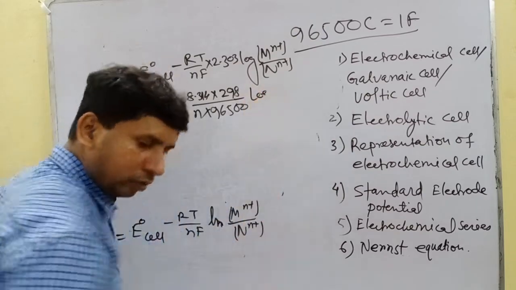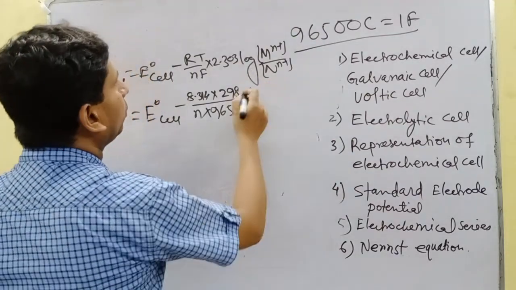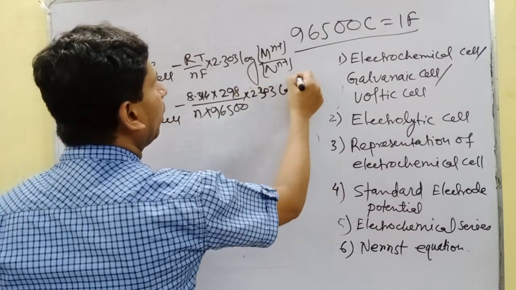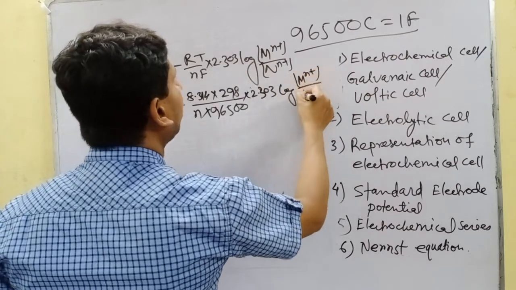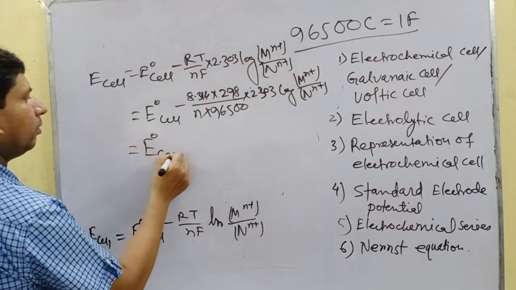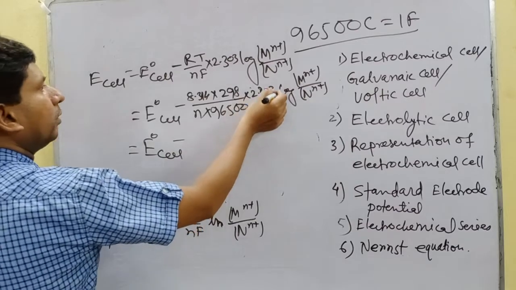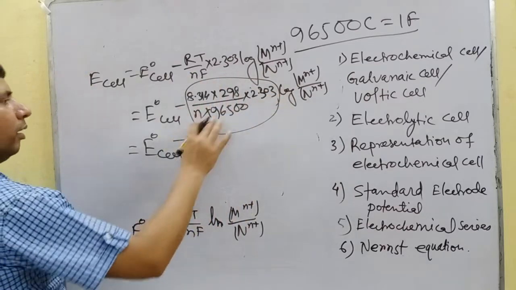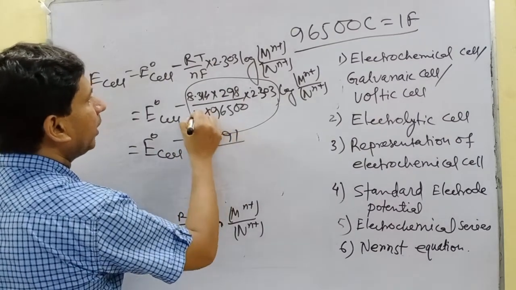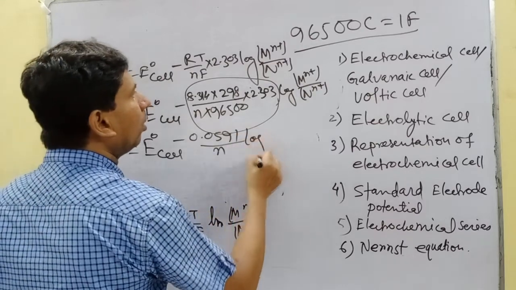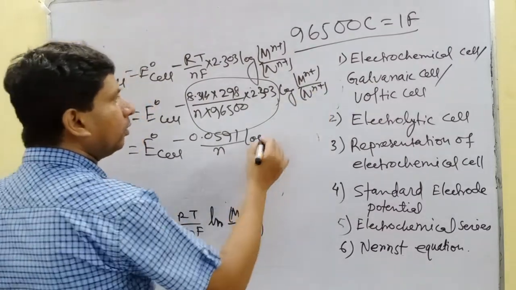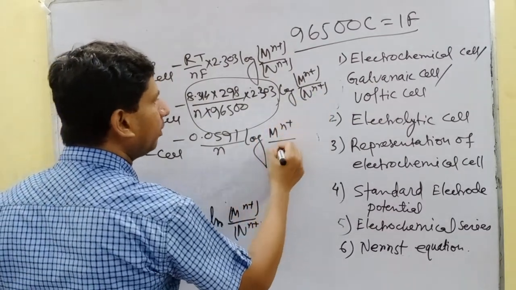Multiplying by 2.303 log of M^n+ divided by N^n+. If we calculate this, we get E0 cell minus 0.0591 divided by n, log of M^n+ divided by N^n+.